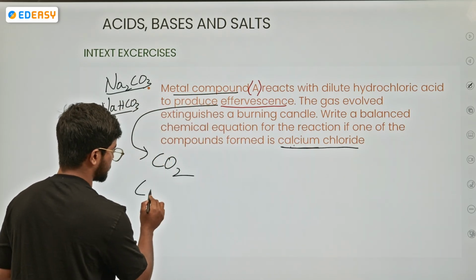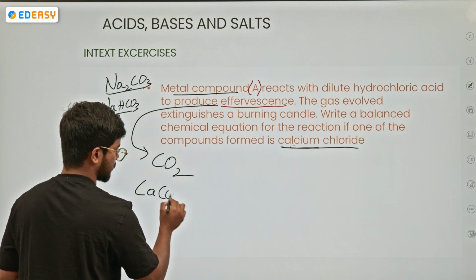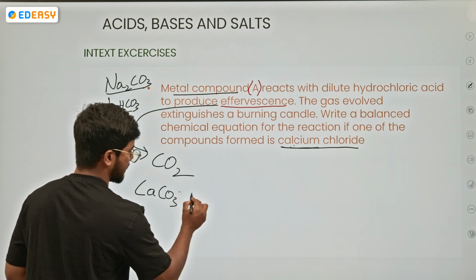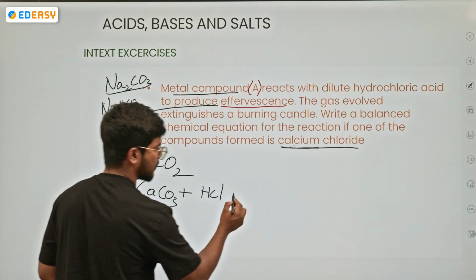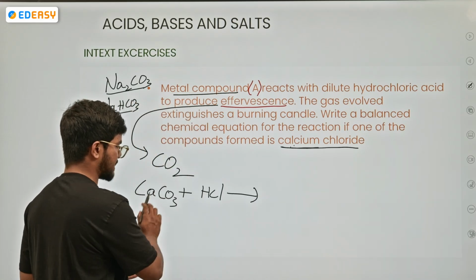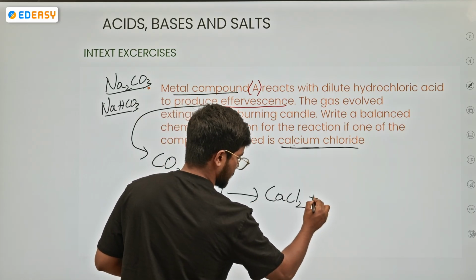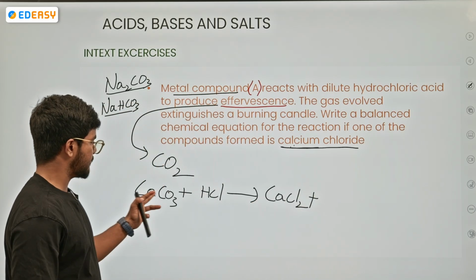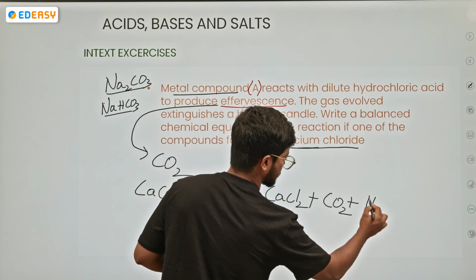So calcium carbonate, CaCO3, when it reacts in the presence of HCl, dilute hydrochloric acid, it gives a salt that is nothing but calcium chloride, CaCl2, plus CO2, carbon dioxide, plus water, H2O.